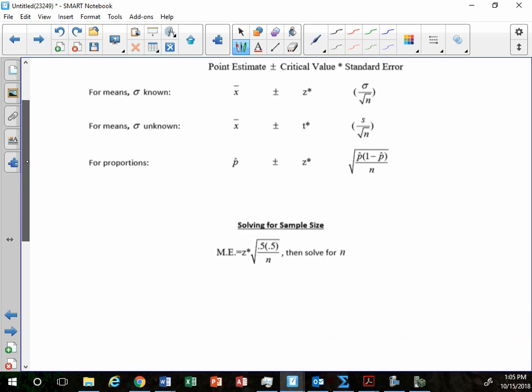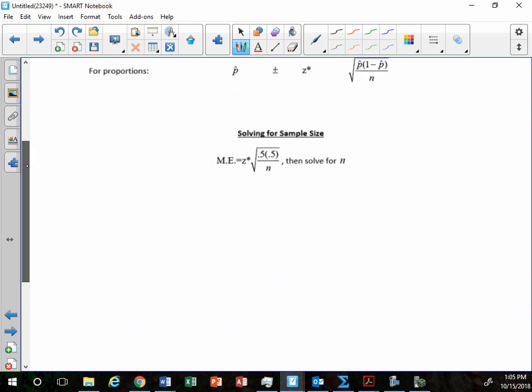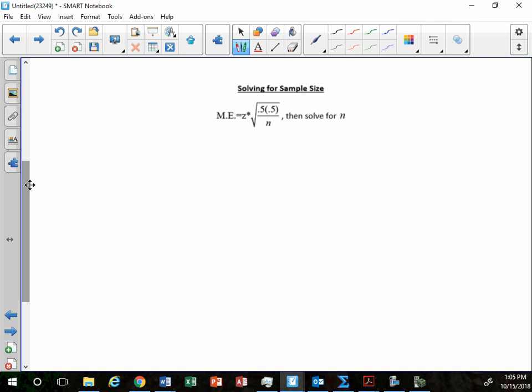All right, let's look at solving for sample size. I know I'm jumping around just a little bit. Every once in a while, guys, you're going to get a question that says, what would the sample size need to be to have this specific margin of error? This is kind of the only time in statistics where you're going to have to do any algebra. You are given whatever margin of error you're looking for. Based on the confidence level, you can figure out the critical Z value.